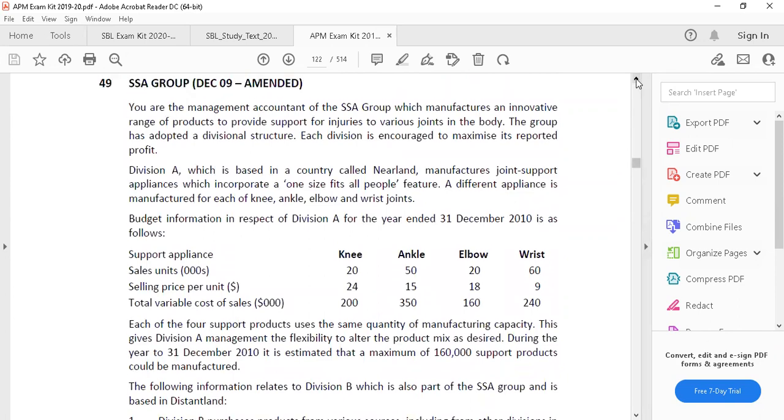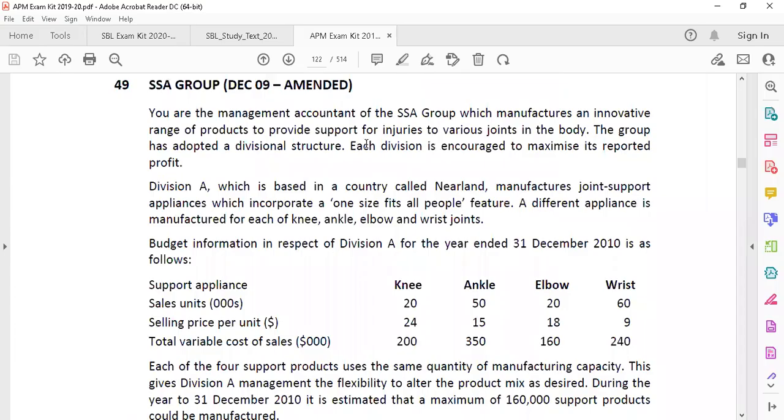This is SSA group. You are the management accountant of SSA group, which manufactures an innovative range of products to provide support for injuries to various joints in the body. The group has adopted a divisional structure. Each division is encouraged to maximize its reported profit.